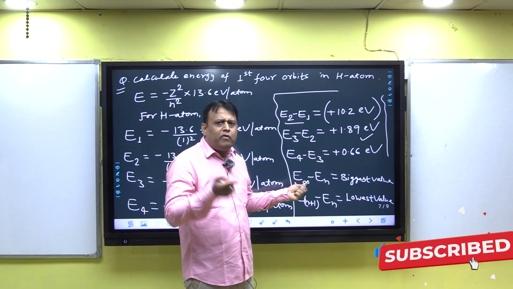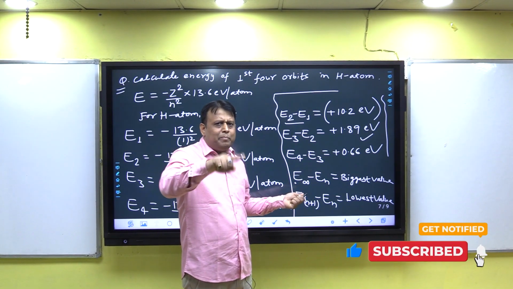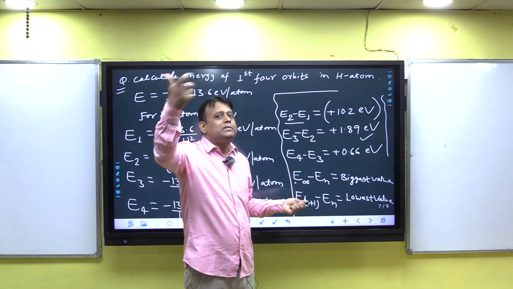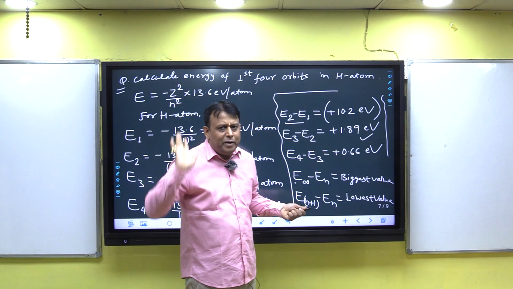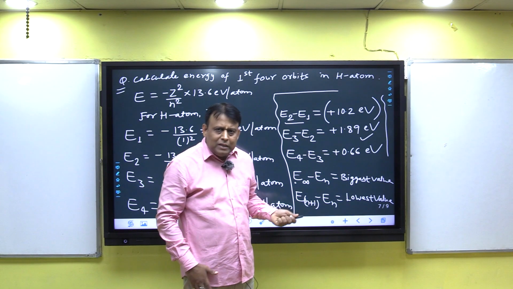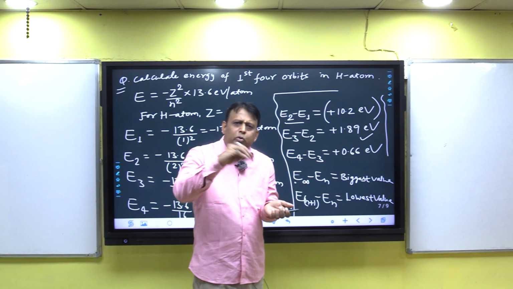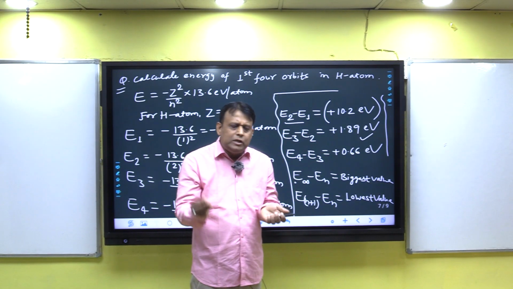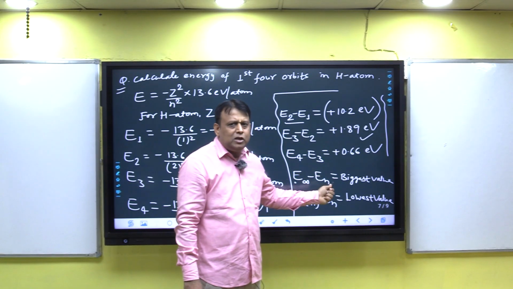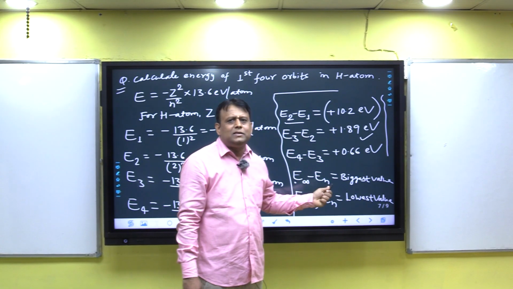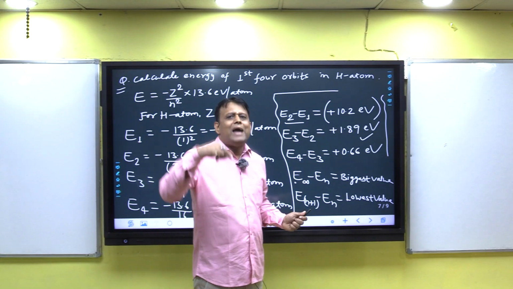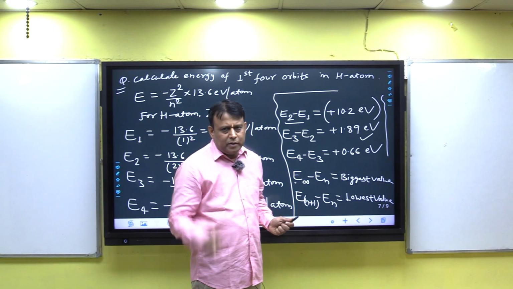For any orbit, for the first orbit, E infinite minus E1 will be the highest value of energy change. That means E2 minus E1, E3 minus E1, E4 minus E1, E5 minus E1, and E infinite minus E1. The E infinite minus E1 is the highest value for the first orbit.